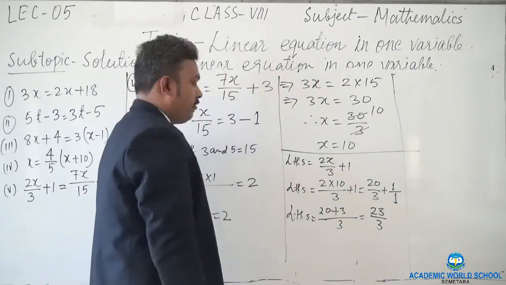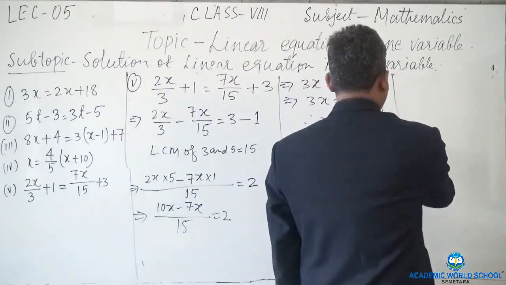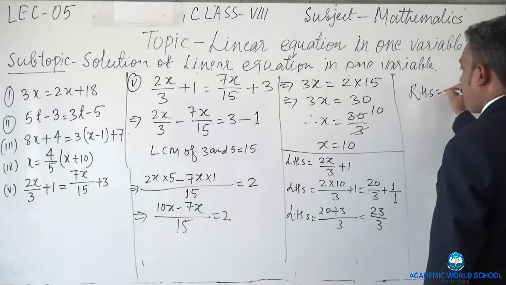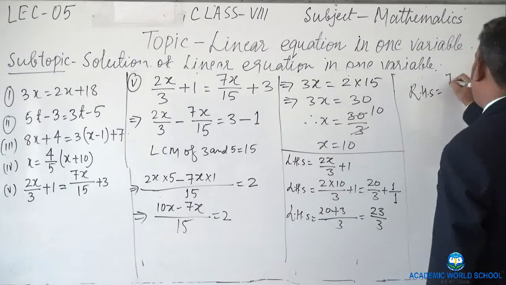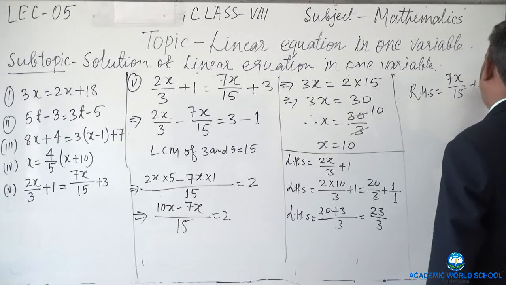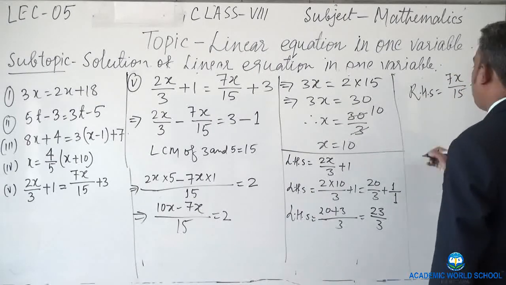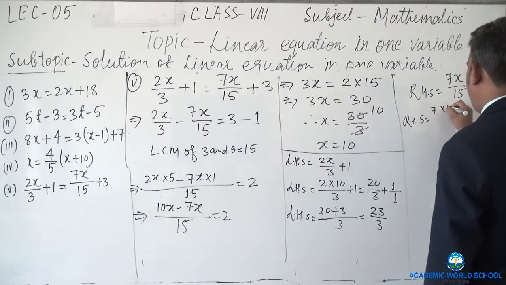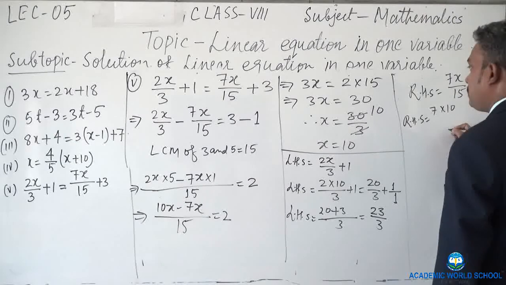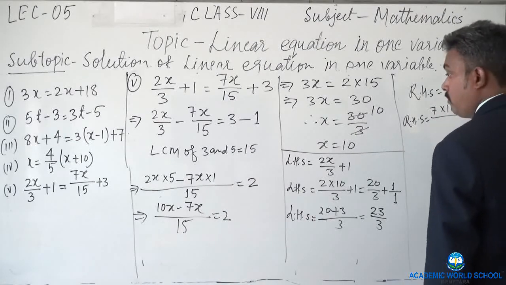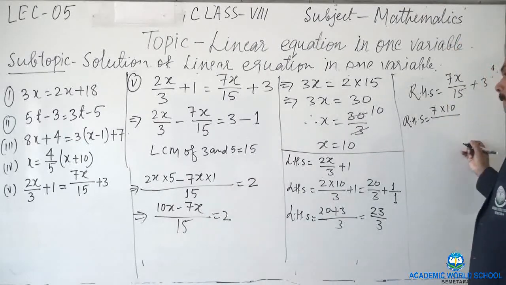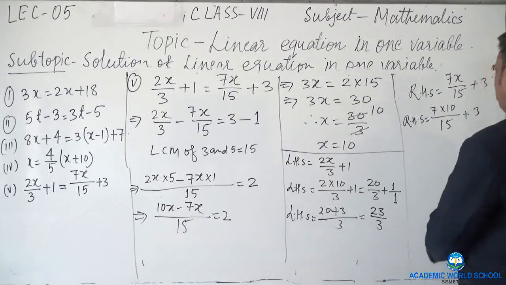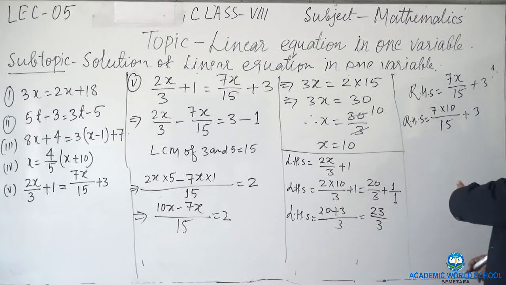Now we check the RHS. RHS is 7x by 15 plus 3. Right. So 7 into 10 by 15 plus 3. If you want to multiply, you can multiply, or if you want to reduce, you can reduce it.